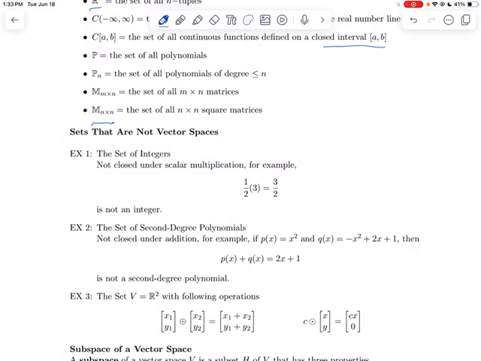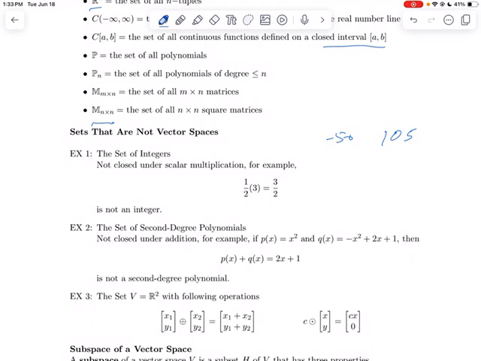The set of integers is not a vector space. Why? Well, think about this, starting with the first example. If you pick any two vectors, in this case any two integers, do you think the sum will be in there? For example, if you take negative 50 and the other one is, let's say, 105, and you add them, will the result be in the set? Yes, it will be.